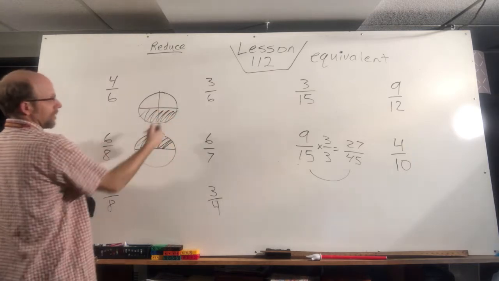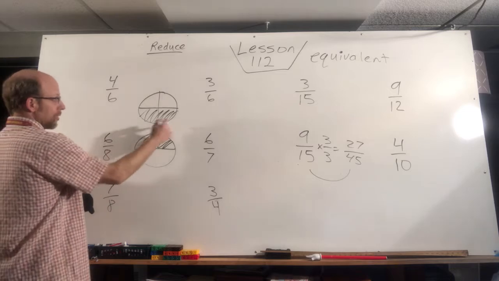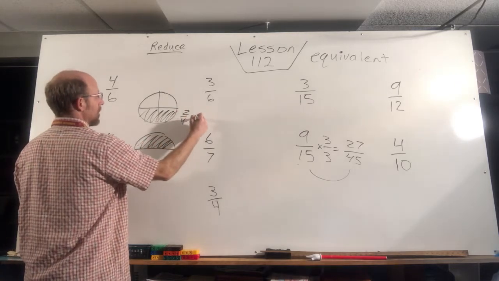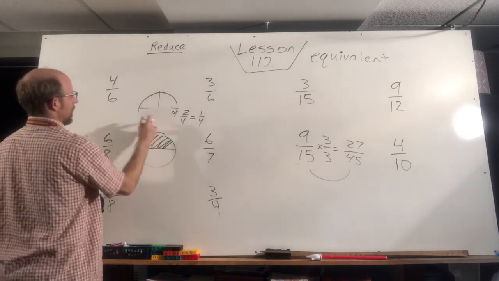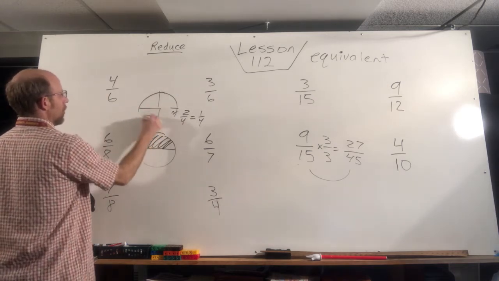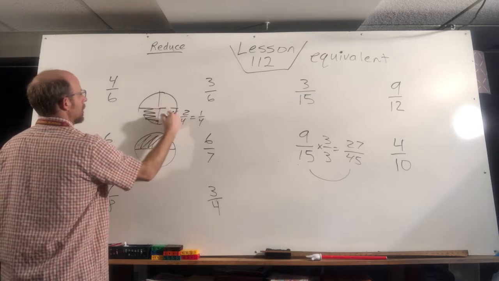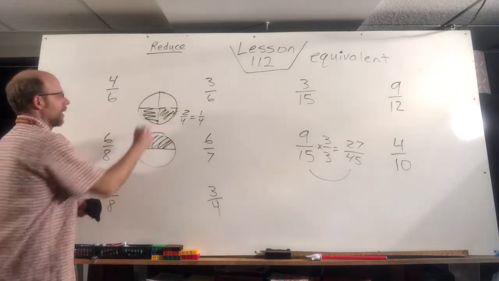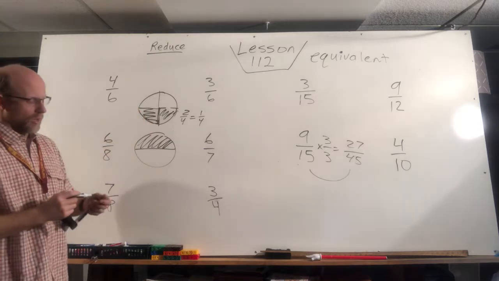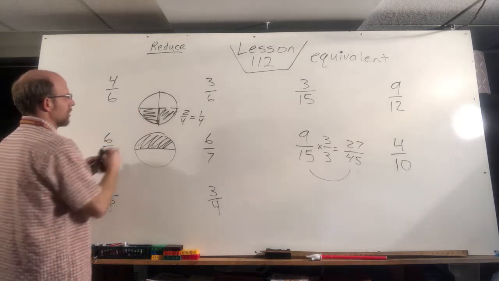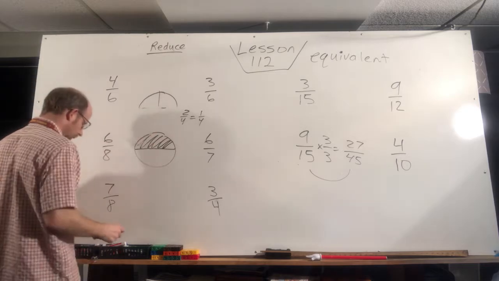So that means 2/4 was equal to 1/2. 2/4, I should have used a color there, is the same as 1/2. Actually, I think I will, so that you guys can see that more clearly.